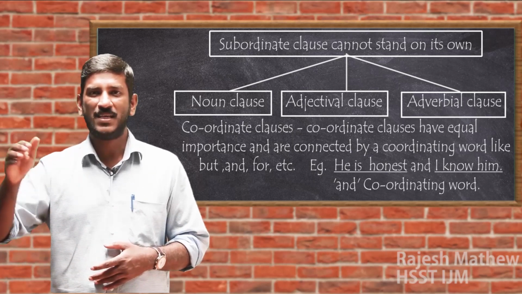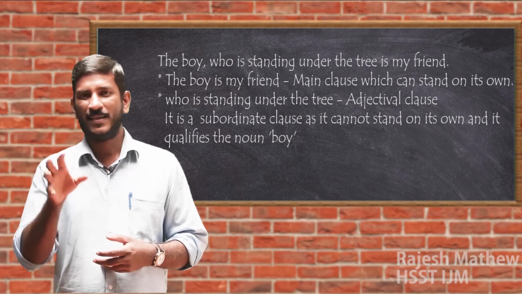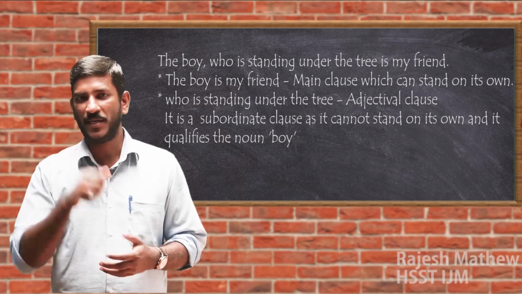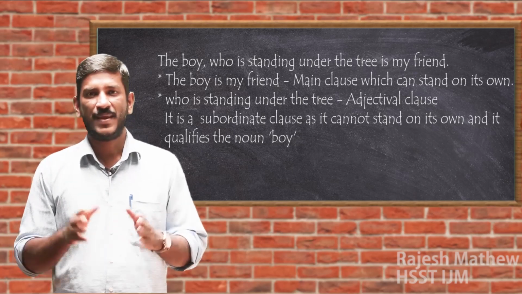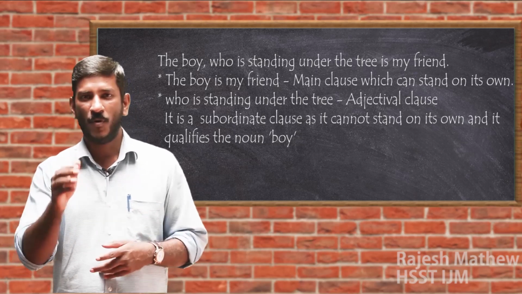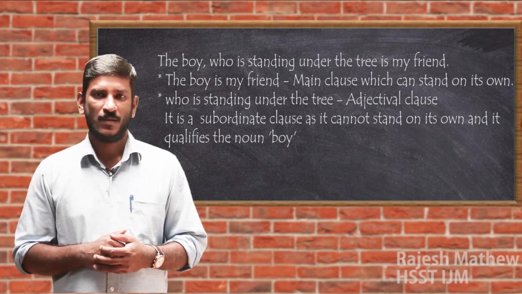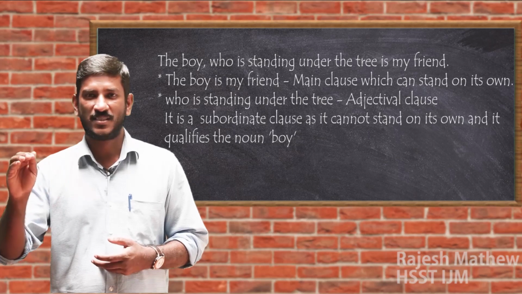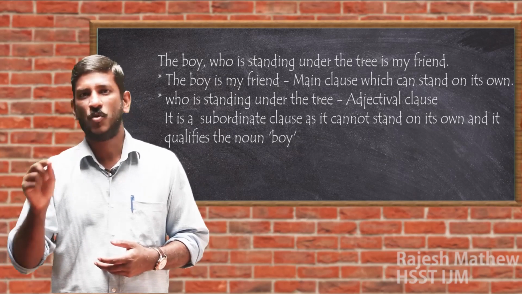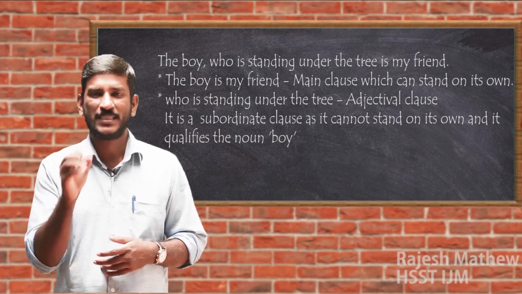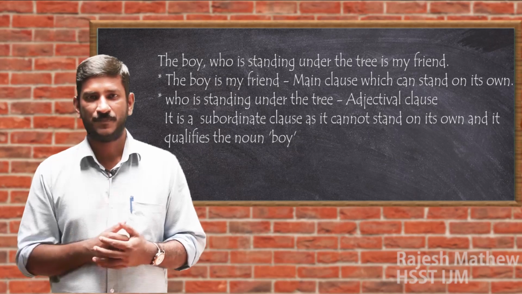Who is standing under the tree is the subordinate clause. And what is the function of that subordinate clause? It qualifies the noun boy, so it can be considered an example of an adjectival clause.